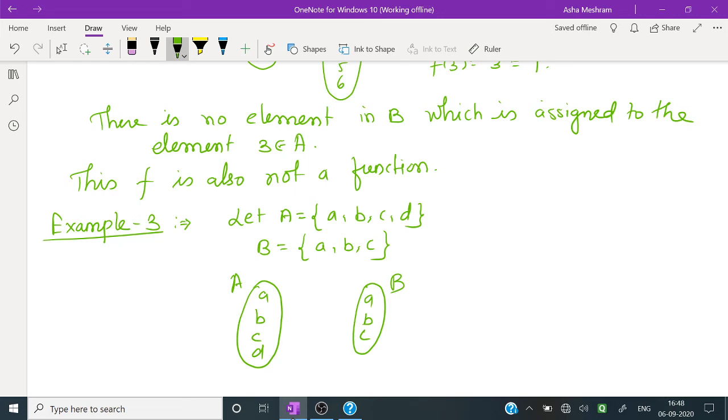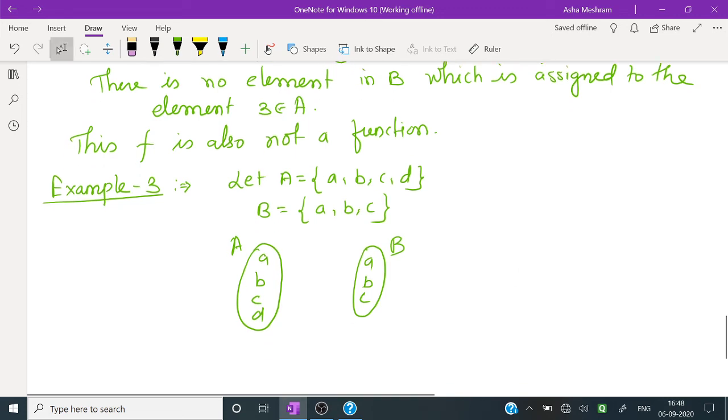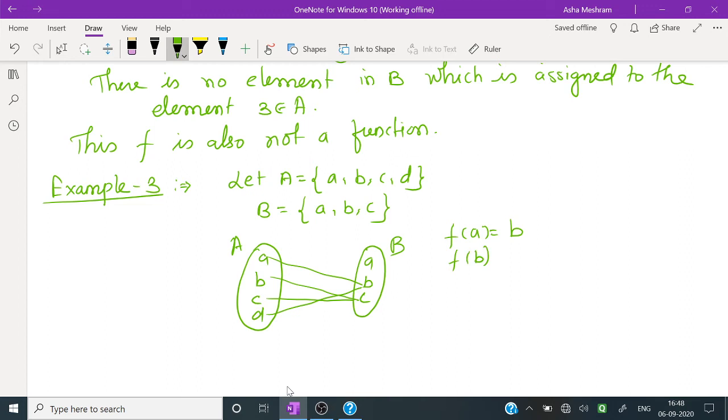Then a is paired to b. Then b is paired to c. c is also paired to c. And d is paired to b.